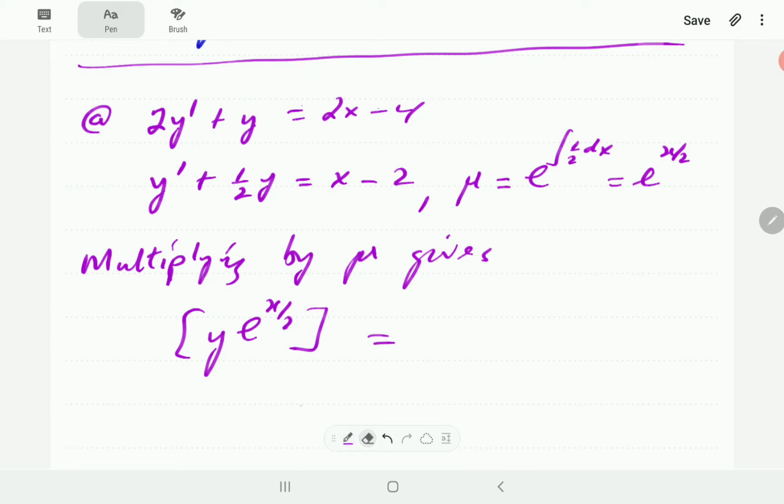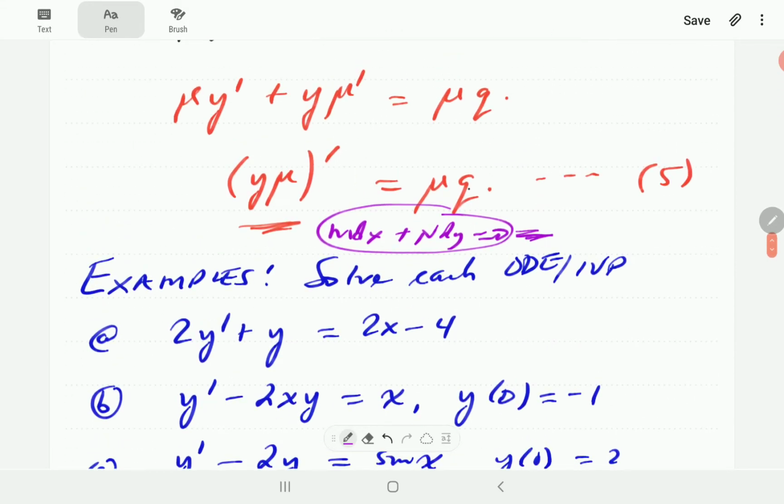Maybe just for now, let me write it in the form d/dx of that. Then on the right hand side, going to have x minus 2 e to the power x over 2. So that's just this form here.